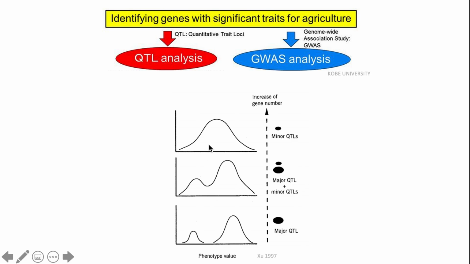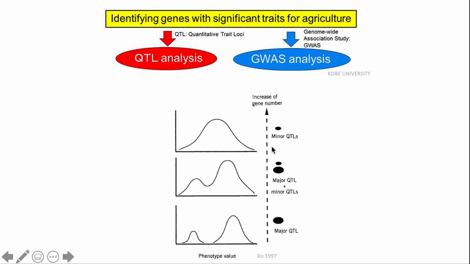And when the trait is controlled only by minor QTLs, you can see here that we are going to have a continuous variation of the phenotype, or a kind of normal distribution. In that kind of phenotype, usually there are no major QTLs, or the major QTL for that trait is just fixed in the population, so there is no segregation for that major QTL in the population.